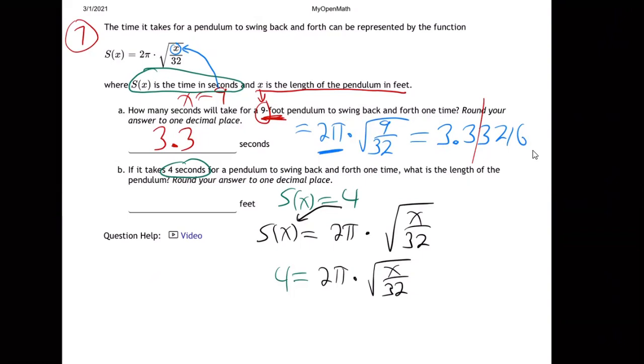I've plugged in for S of x, which is the time. S stands for seconds, I guess. So I plugged in 4 for S of x. And now I need to solve for x because they're asking what is the length, and x is the length.